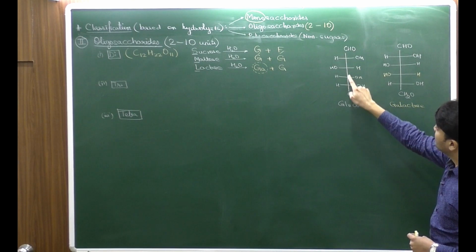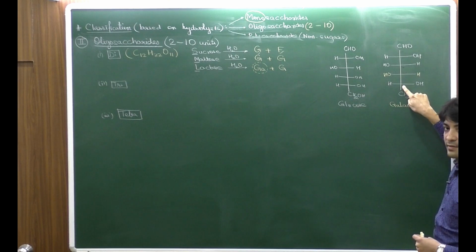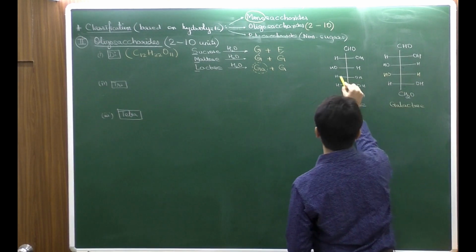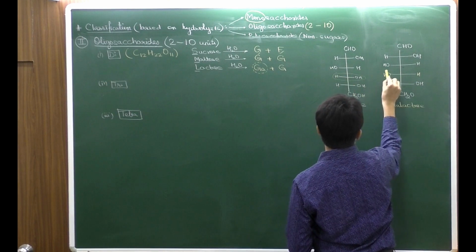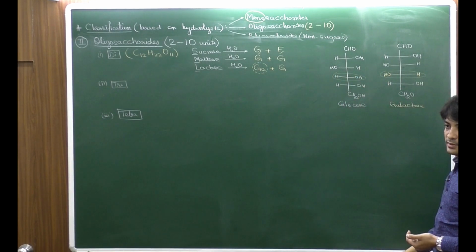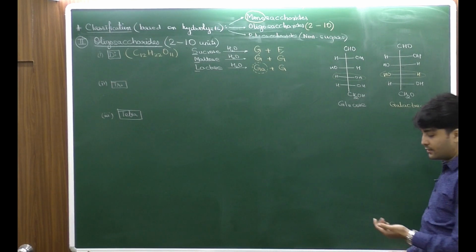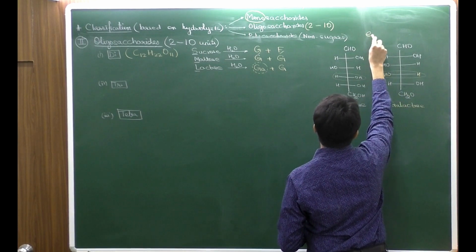Second, third, fifth are the same. What is differing is only the configuration at the fourth position, right? Now those stereoisomers which have a difference in configuration only at one chiral center are called epimers.